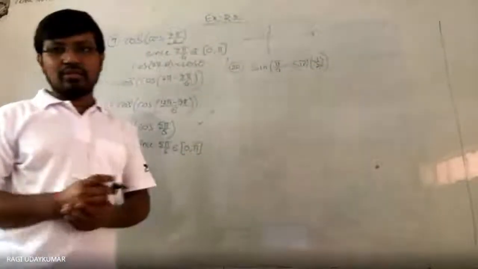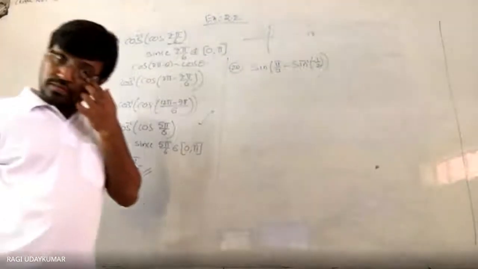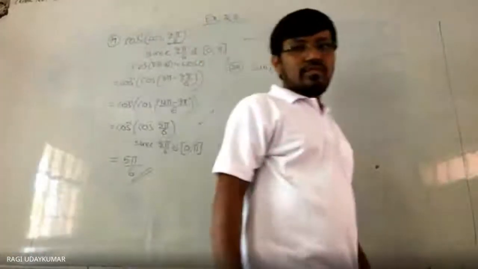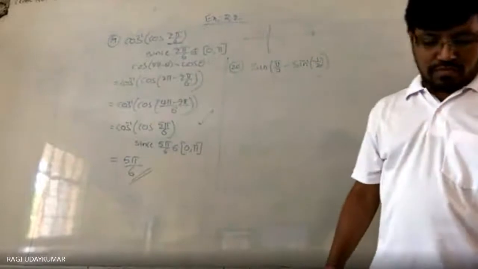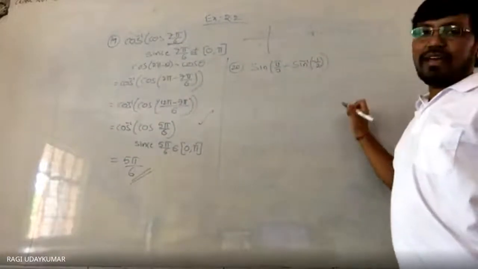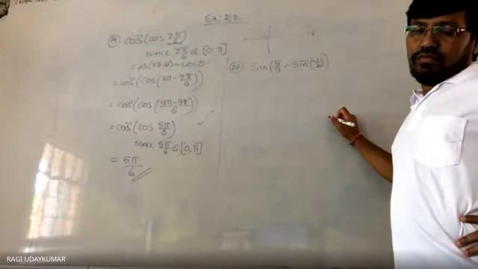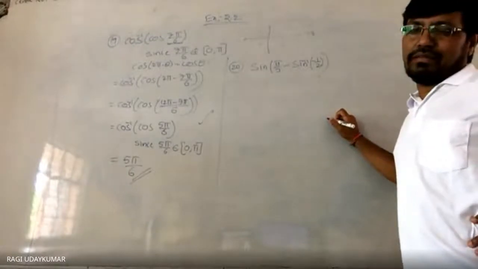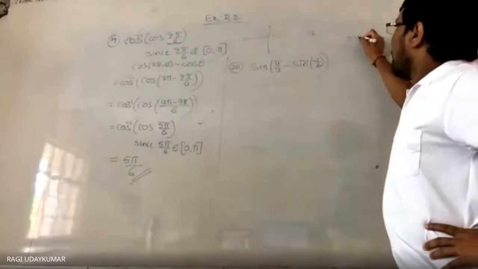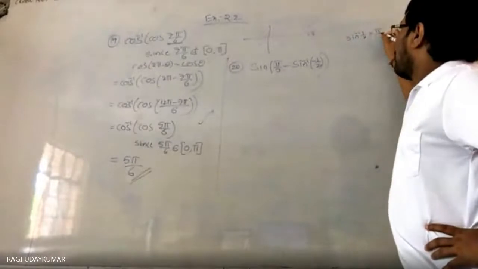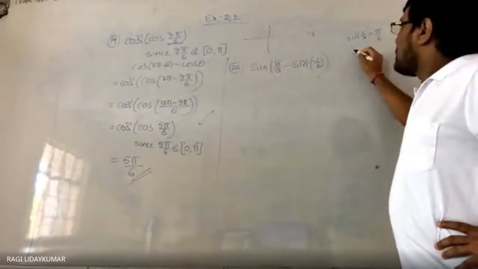Sin inverse minus half value is minus pi by 6. Sin inverse of 1 by 2 is equal to plus pi by 6.